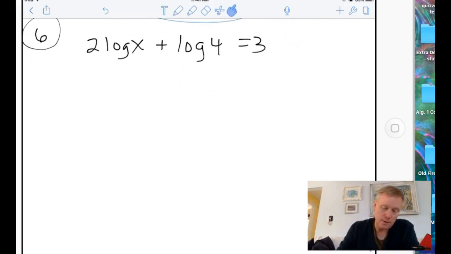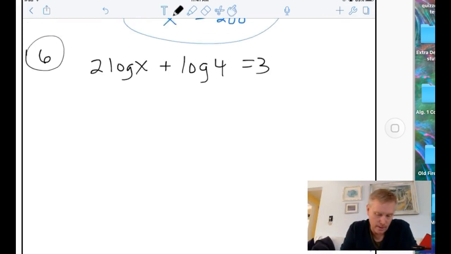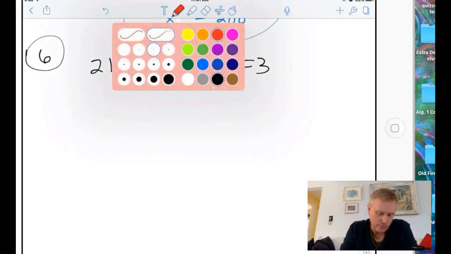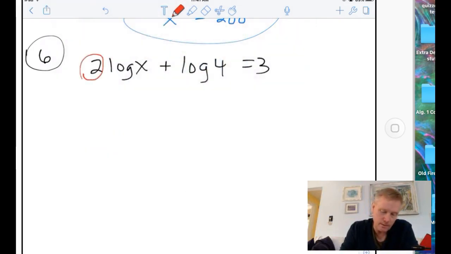All right, so I'd like to combine those together and make one log. Now I can't just do that yet because I've got that 2 in the front, and that is not matching. But I can move it into the exponent form.